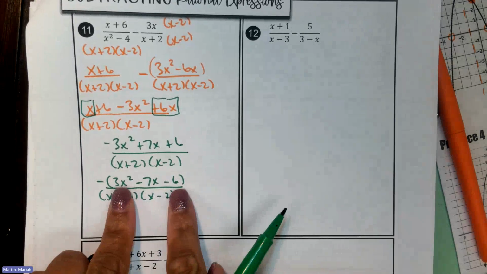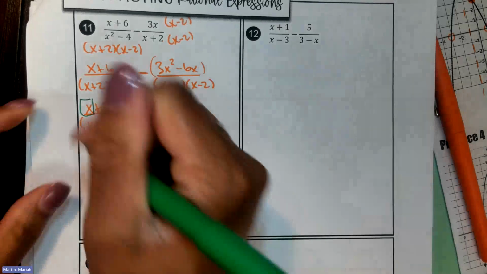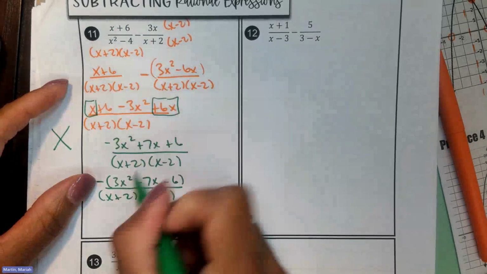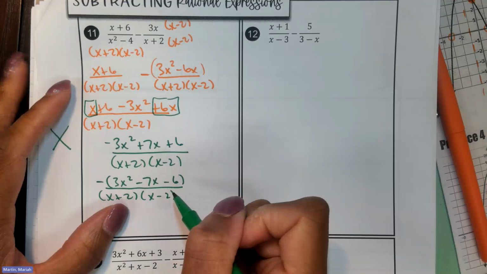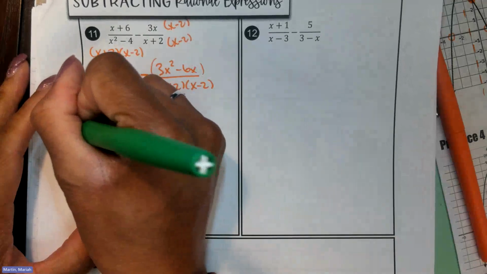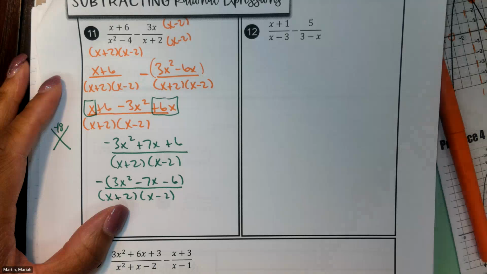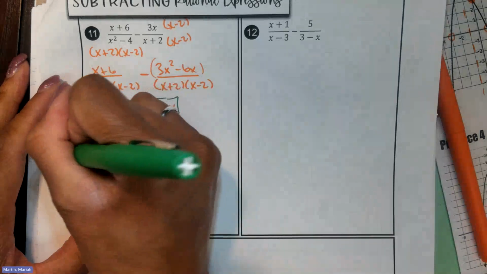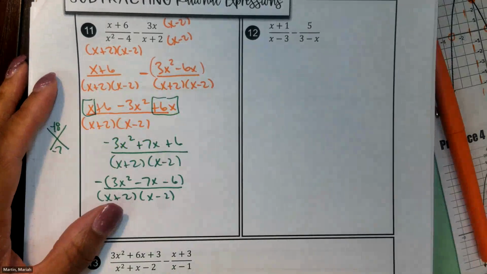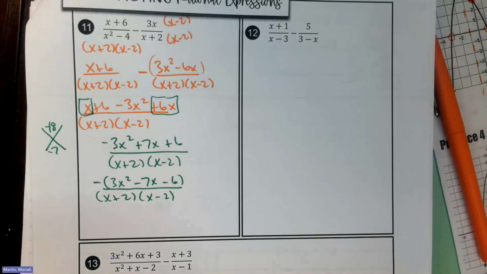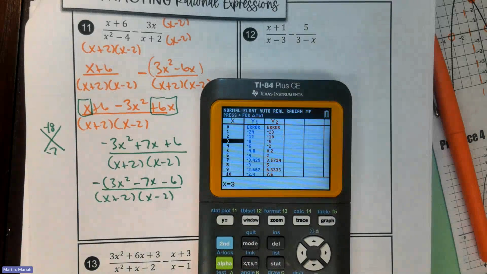And now I'm going to factor what's in parentheses. So in the top, 3 times negative 6 is negative 18. Then I have negative 7 on the bottom. Okay, go to my calculator.